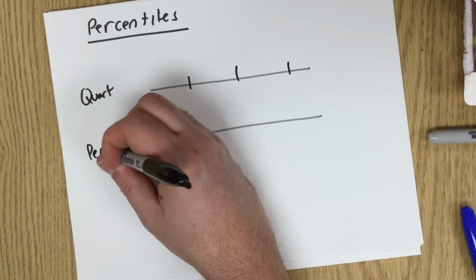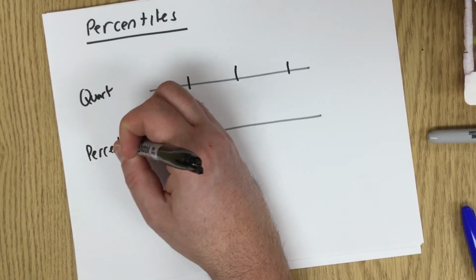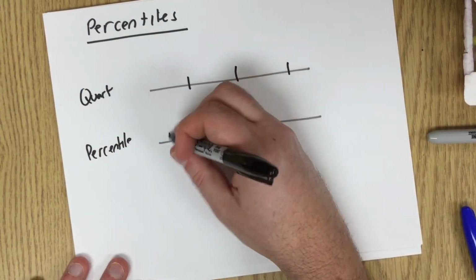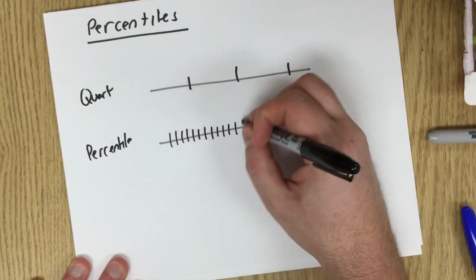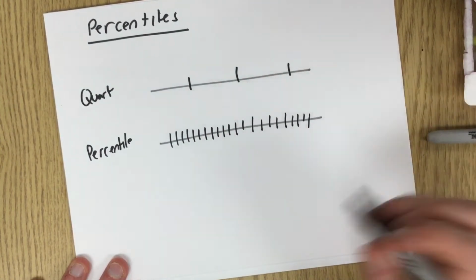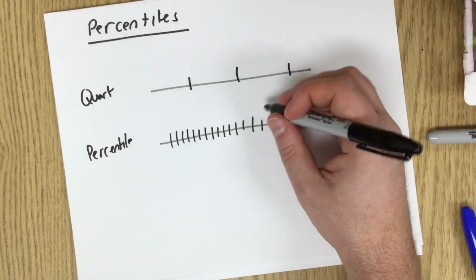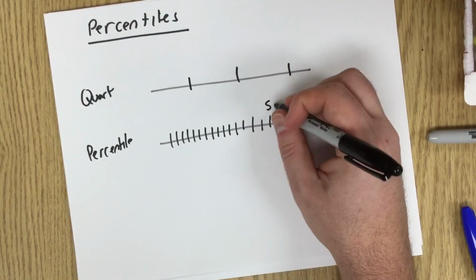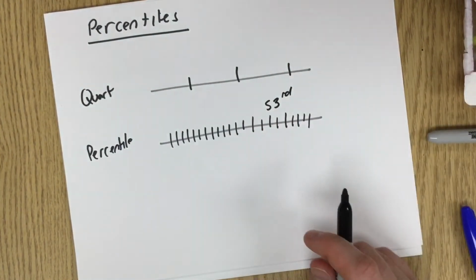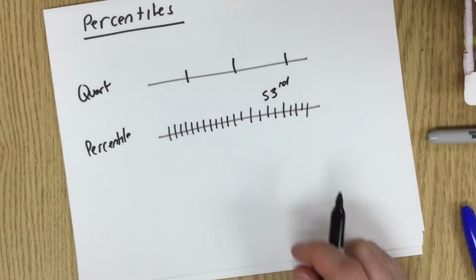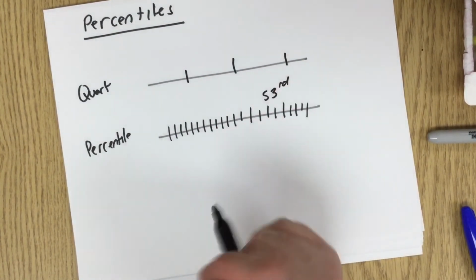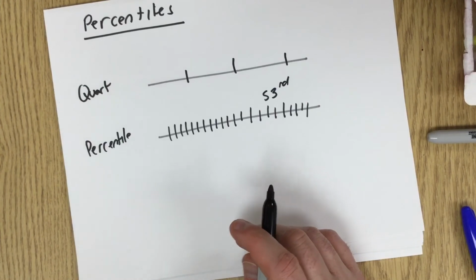Percentiles is pretty much the same, except instead of dividing it up into 4 chunks, you divide it up into 100 chunks. So someone in the 53rd percentile would be a bit higher than the average.